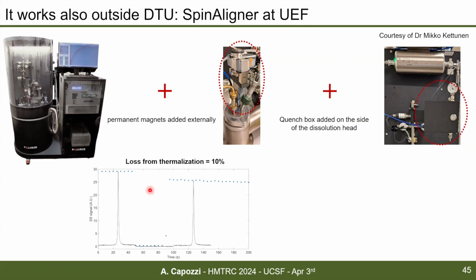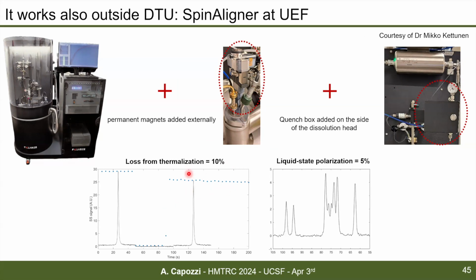So very low losses during the quench. And we managed to get also in Kuopio, so outside DTU, because a technique, in my opinion, is robust when it starts working not only in your lab anymore. And we got some percents of polarization on glucose also in Mikko's lab from a spinal liner.